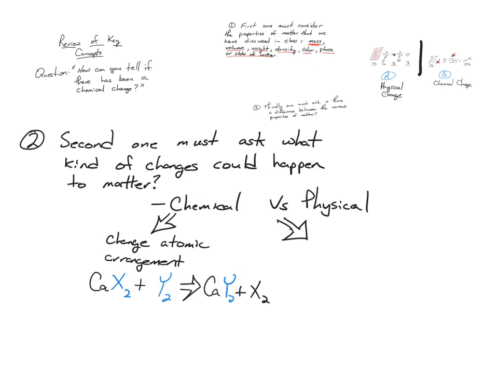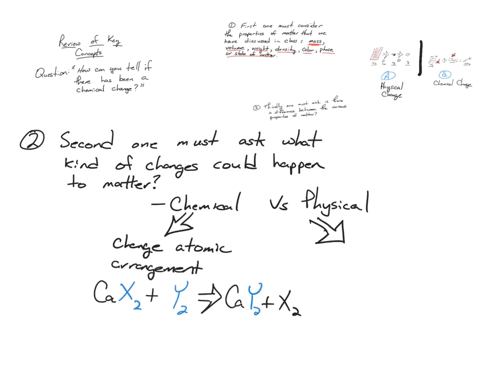Whereas in a physical change, the only thing that would happen is you would get calcium X, and it would just be less or more of it. There'd be more calcium X or less calcium X if you broke it up or you added some to it, or you pounded it into a different shape, like taking iron and pounding it into a shovel. It would still be iron, it's just in a different shape.